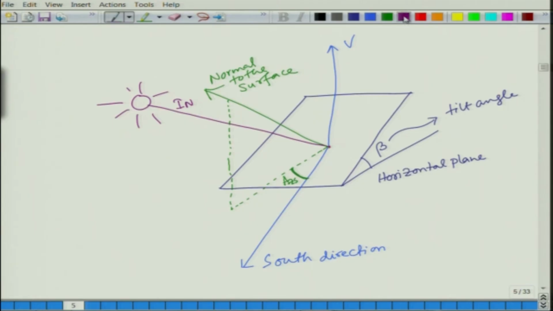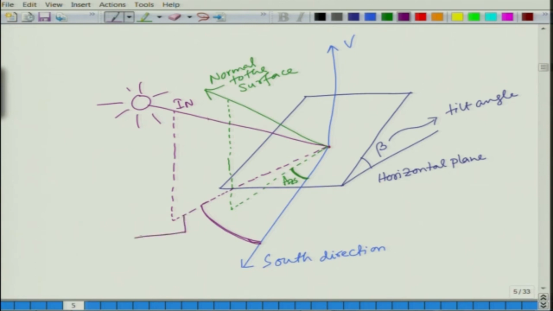And the same thing we can do, we can project the direction of sun rays to the horizontal plane and connect it to the observer location. So, now again that particular connecting line, so basically this particular line is the projection of the sun rays on the horizontal plane.